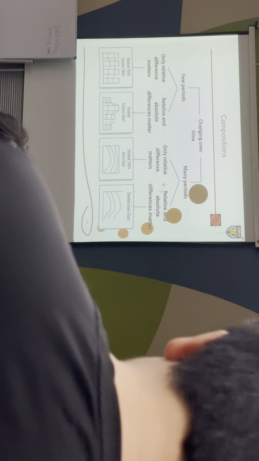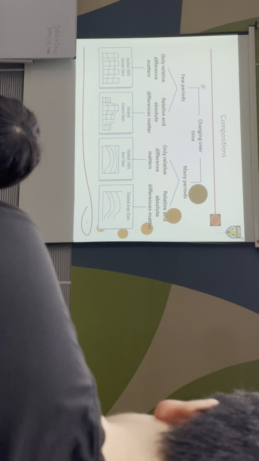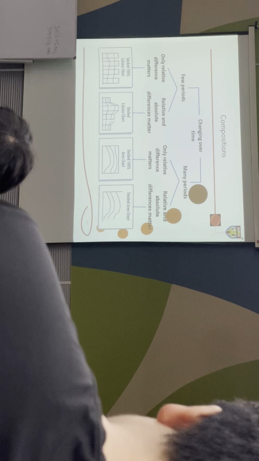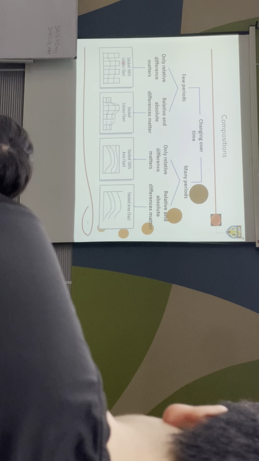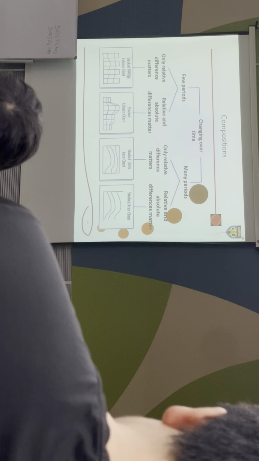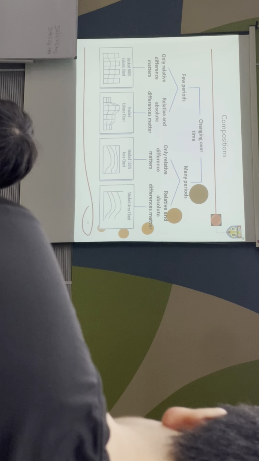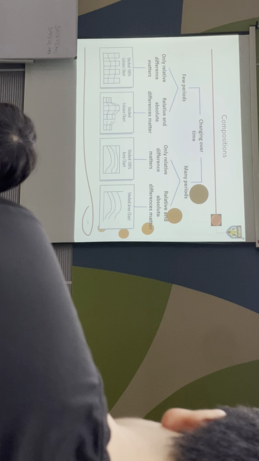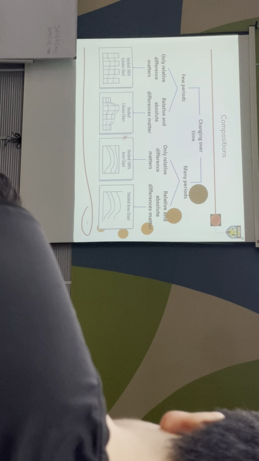Okay, and then we have composition changing over time, which we can divide into few periods and many periods. If it involves only the relative difference method, you can use a stacked 100% column chart. If both relative and absolute difference methods, you can use a stacked column chart.